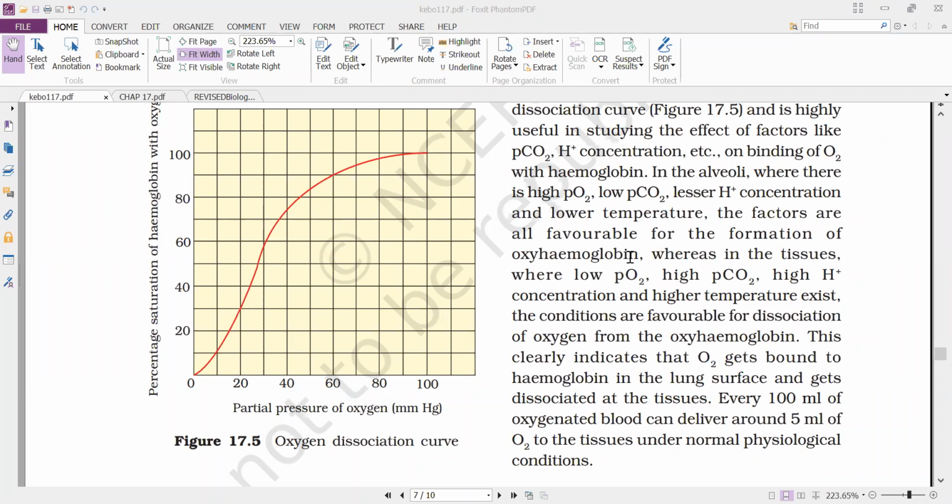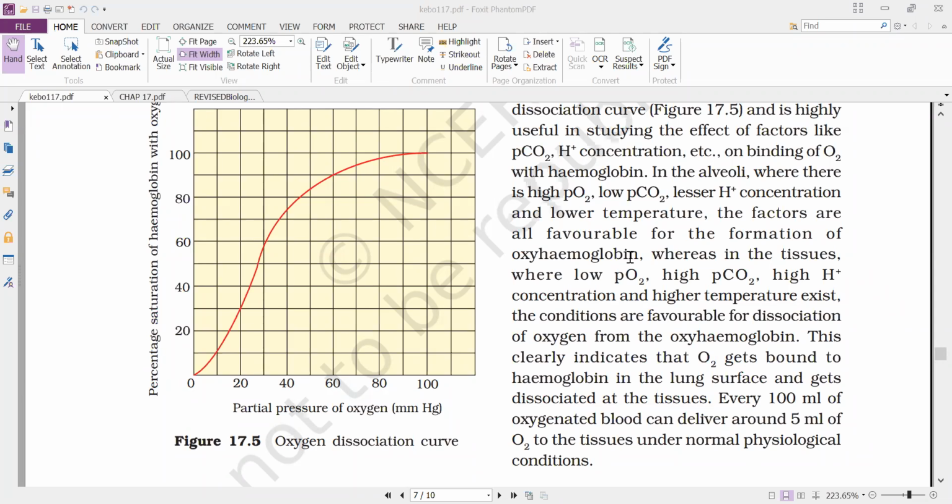After binding of hemoglobin with oxygen, it will be transported to the tissues. In the tissues, cellular metabolic activities and cellular respiration regularly occur, so some heat is generated. So the temperature will be high, more H plus ions will be there, and the partial pressure of carbon dioxide is also more. As a result, it helps in the dissociation of oxygen from hemoglobin, and the oxygen is left in the tissues.